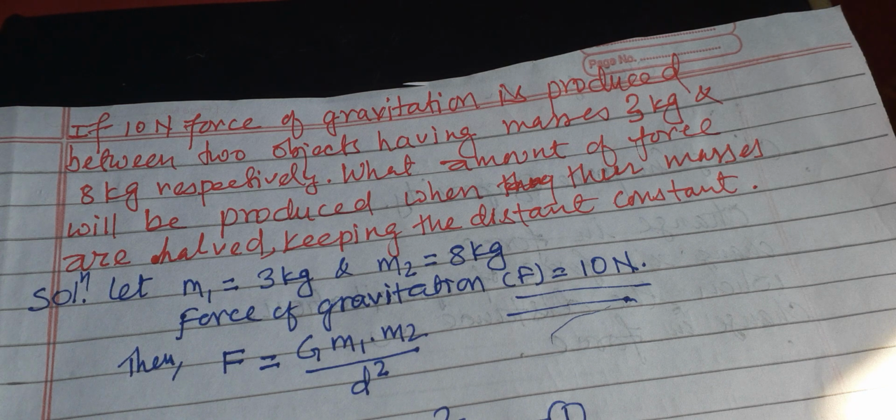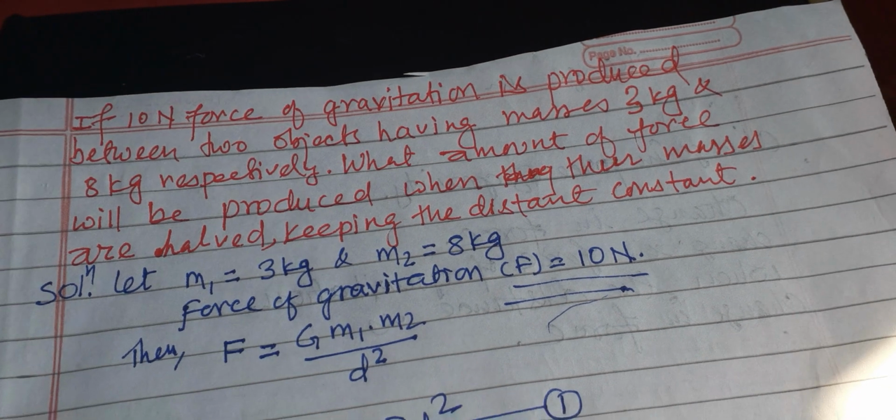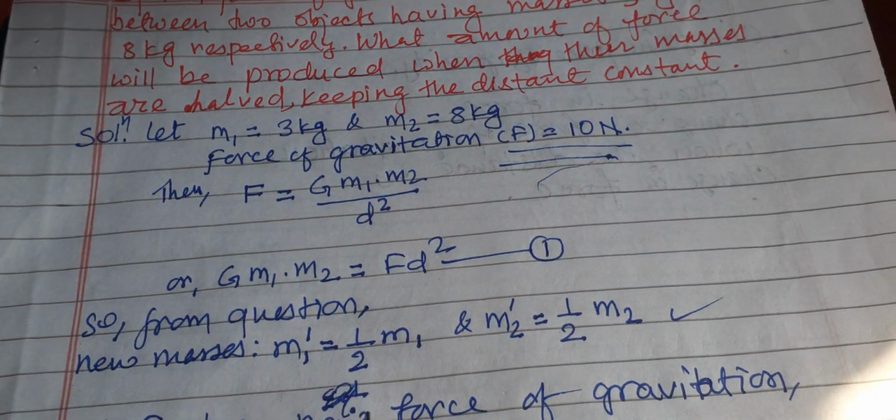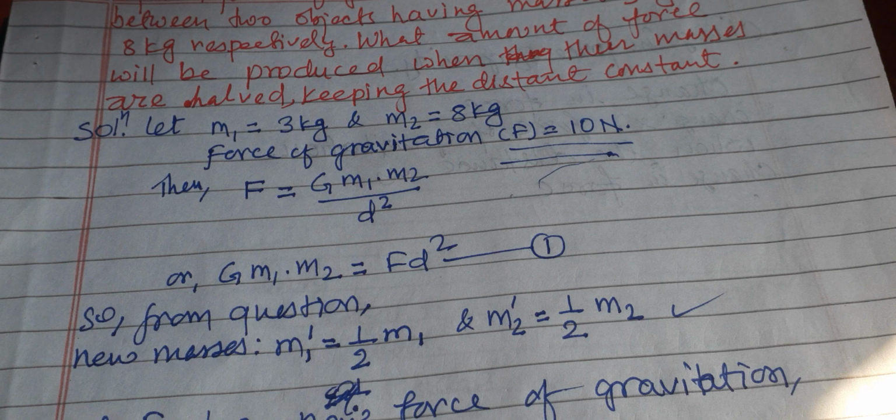The distance is constant, but the mass is changed by k times, that is half, 1 by 2 times. So we can solve this without using the given masses, although we can use those masses also.